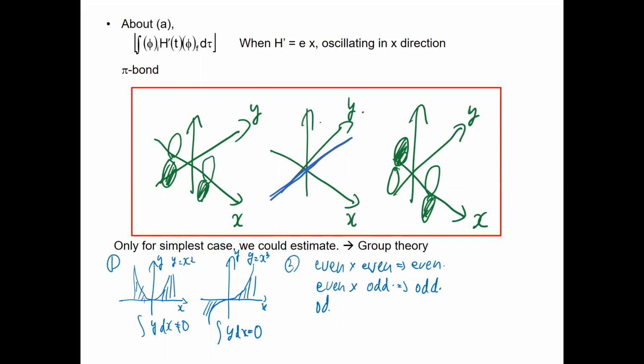And also odd function times odd function gives an even function. So these are the necessary pieces of information when you judge whether the integral is going to have some value or not. Okay, so let's check based on this.